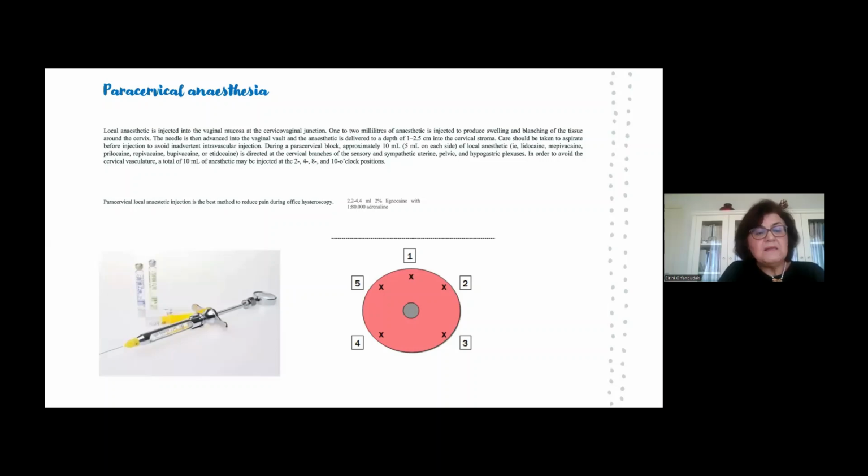Paracervical local anesthetic injection with a dental syringe is the best method to reduce pain during office hysteroscopy: 2% lidocaine with 1 per 80,000 adrenaline, 2.2 to 4.4 ml at 2, 4, 8, 10 o'clock to avoid cervical vasculature.